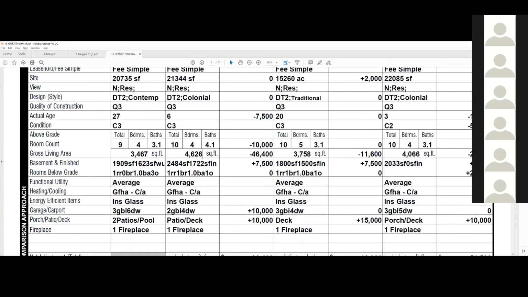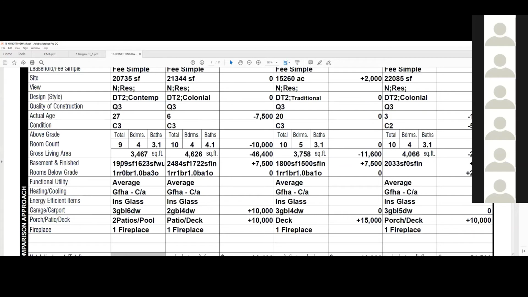So 4,626 minus 3,467 equals 1,159. He calculated based on $45 a square foot as the adjustment. And it would probably be the same thing on these two.